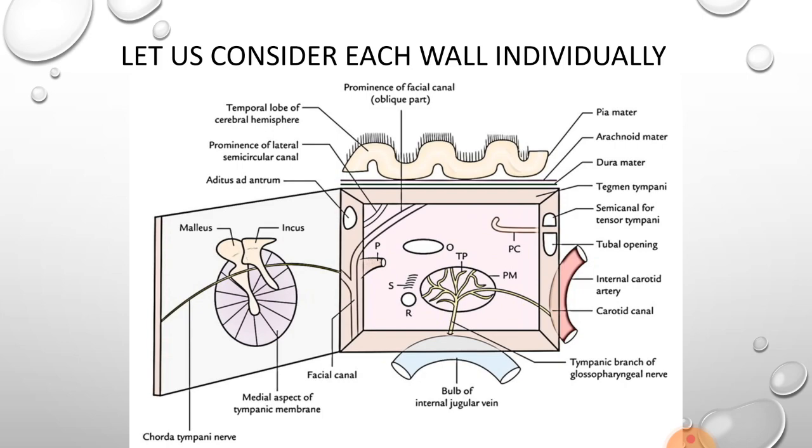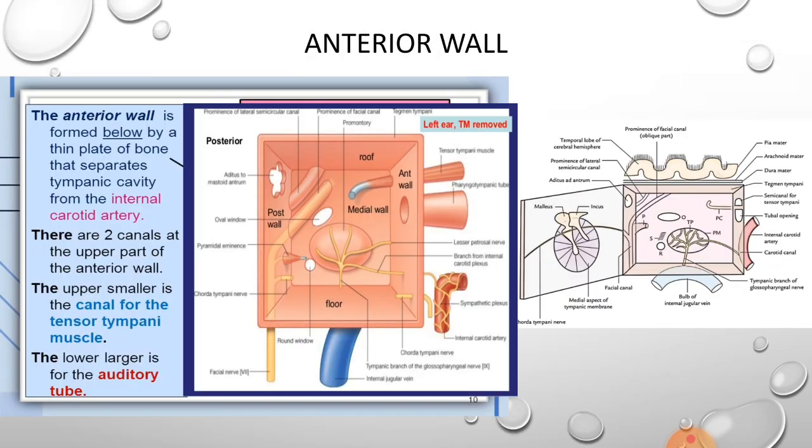Now let us consider each wall individually, so we can also discuss the important anatomical landmarks on each wall in the next slides. First of all, we're going to talk about the anterior wall. The anterior wall is formed below by a thin plate of bone that separates the tympanic cavity from the internal carotid artery.